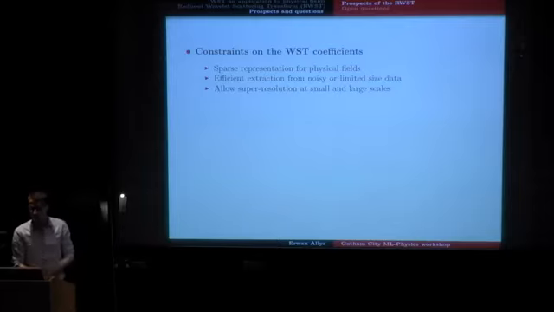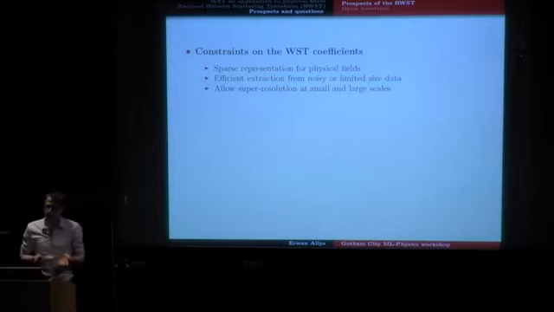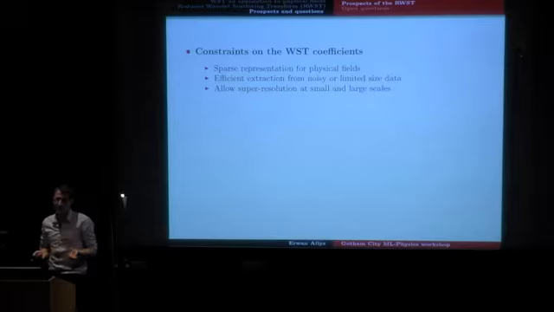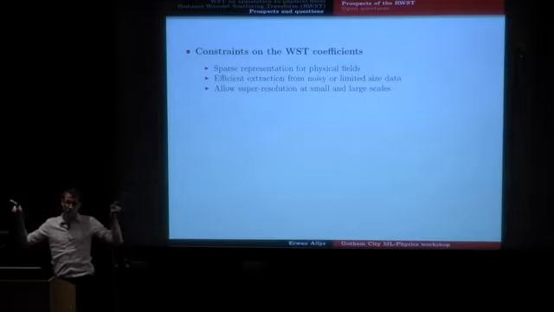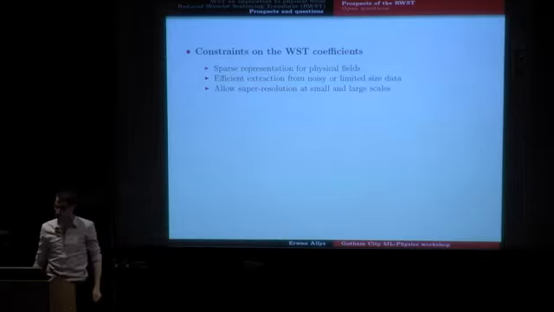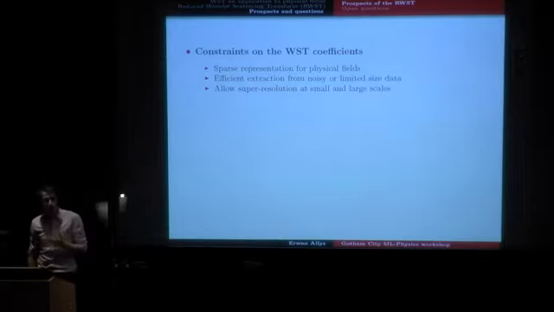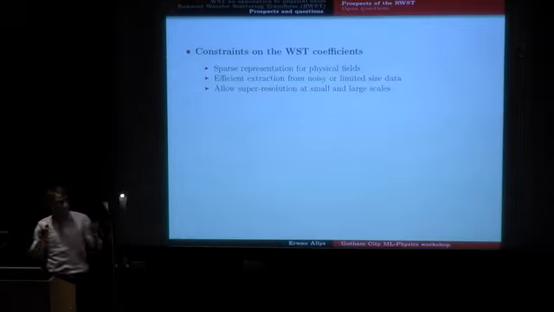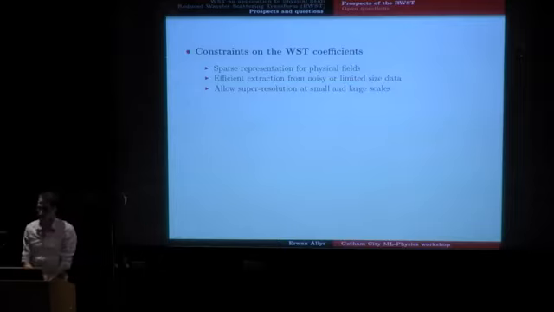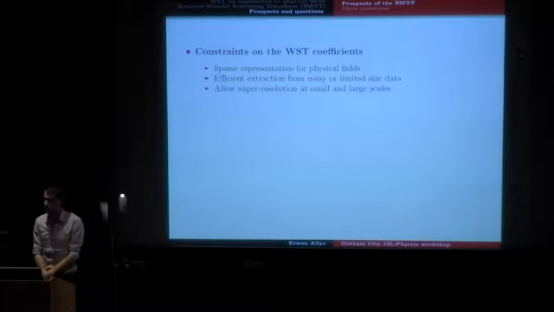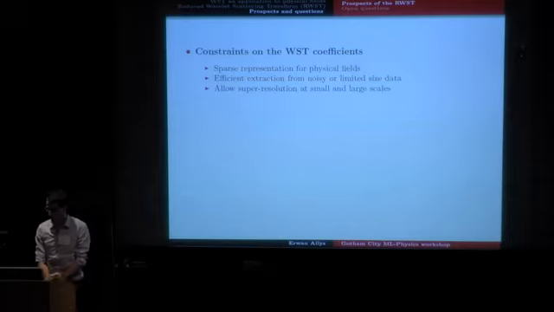It means that we can make an efficient extraction from noisy or limited-size data, because we have a point in the WST space and we can project it onto the surface on which we expect the physical field to be. Also, the reduced wavelet scattering coefficients seem to be very continuous functions, so we can make super resolution at small and large scale, which can help when we have observations at a very reduced range of scales.